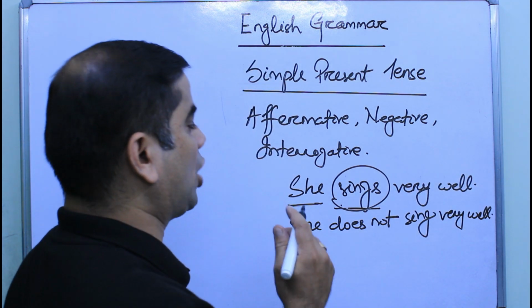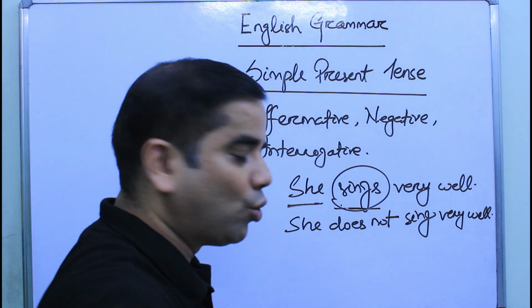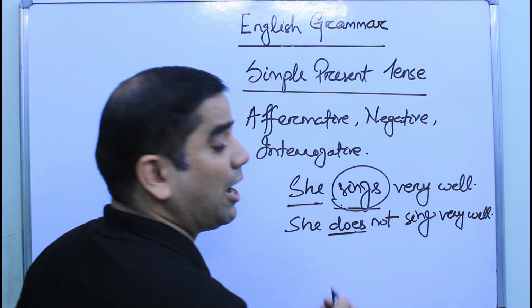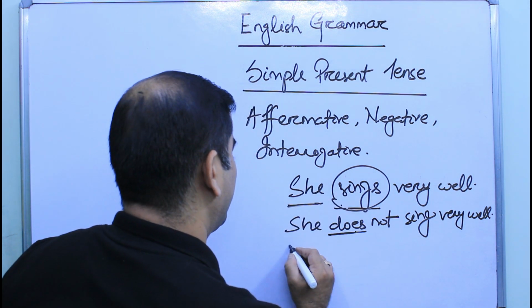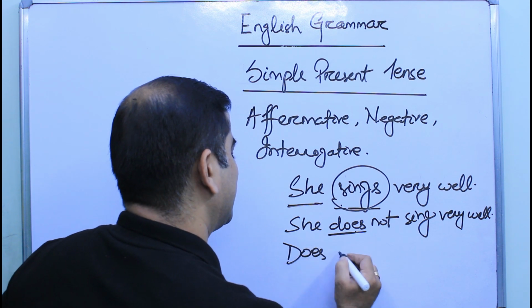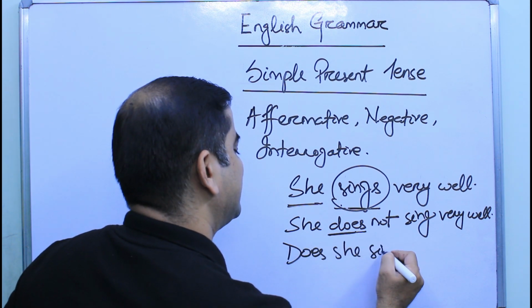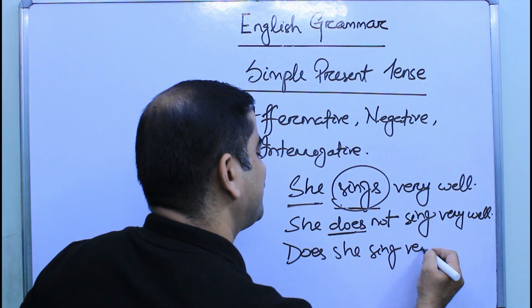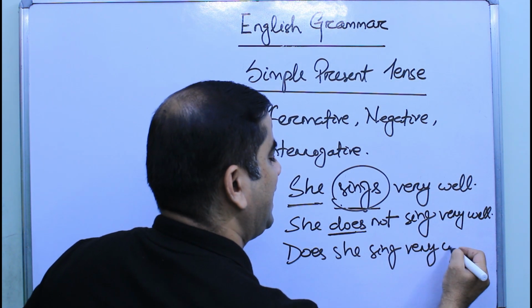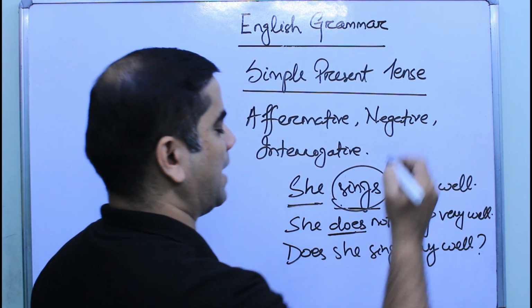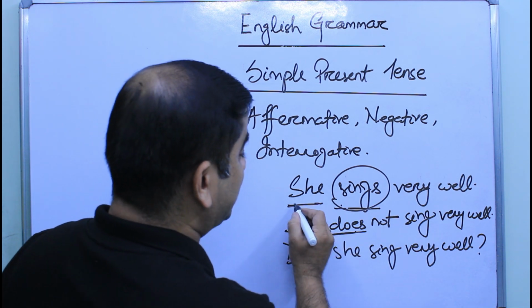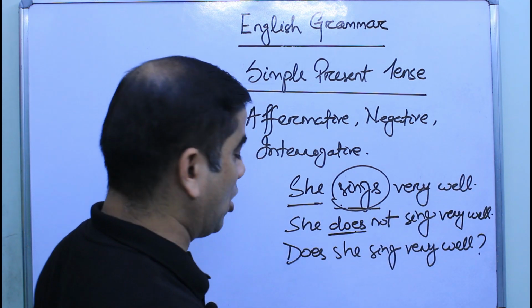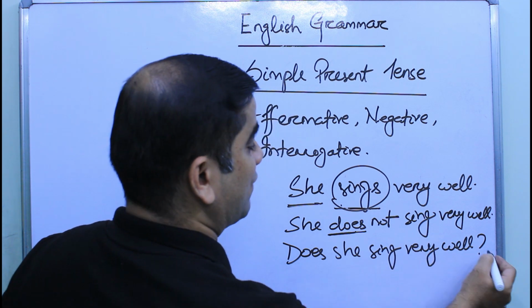Again, in case of interrogative sentence, what I have already told you is that we need to put the helping verb in front. So, does she sing very well? Question mark. Now you can see she sings very well becomes she sing very well. Why?